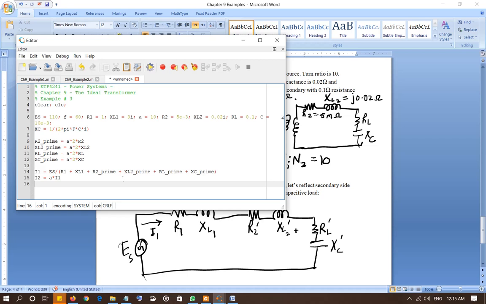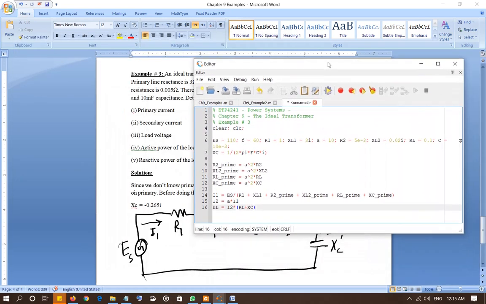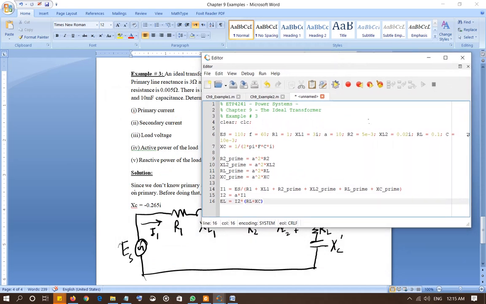So EL, load voltage, is equal to I2 times the load that is connected over there, which is RL plus XC. That's going to be the load voltage. Of course, all these quantities are complex quantities, remember, so they will have a magnitude as well as an angular phase.